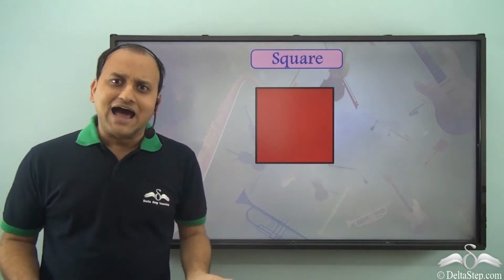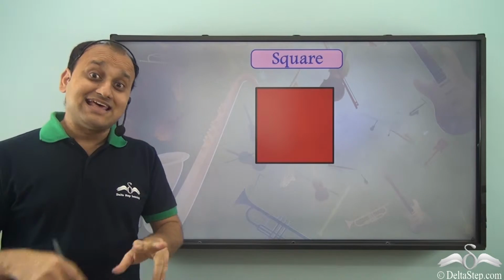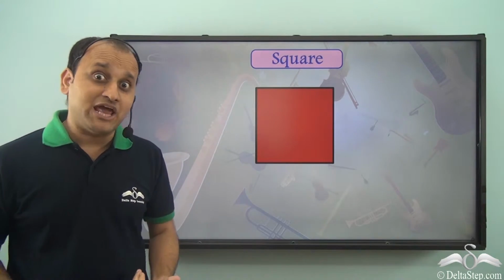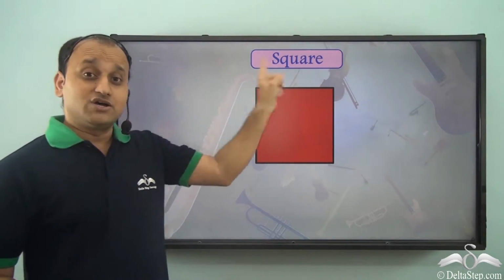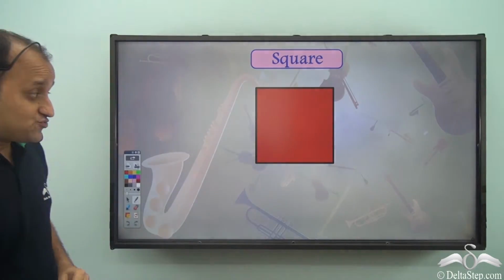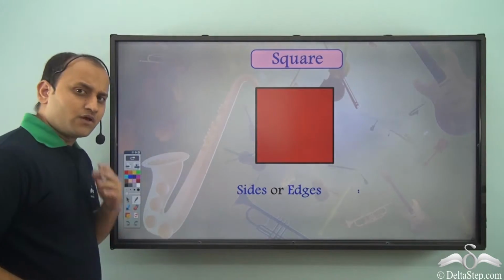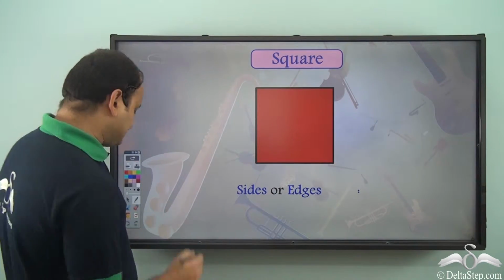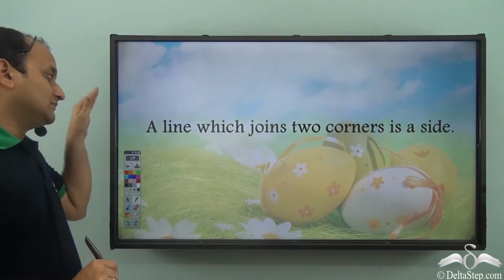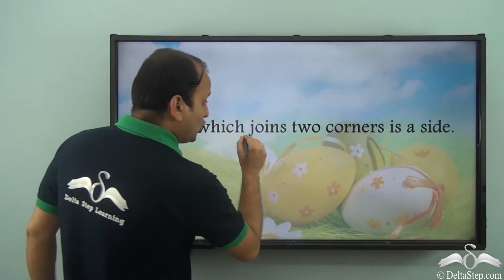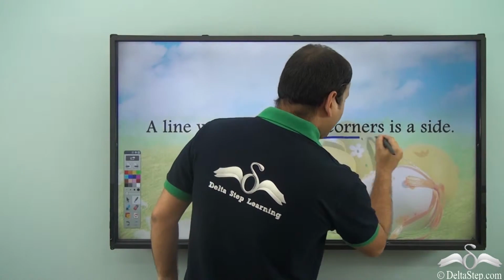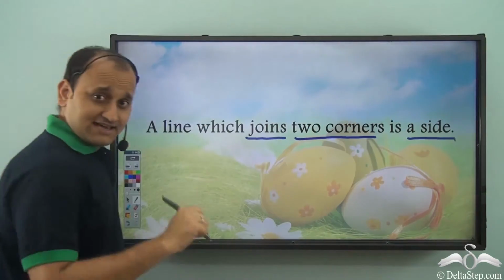Now, let's identify the sides and vertices of different shapes. So, let's start with square. So, in case of square, how many sides or edges do we have? What exactly is a side? Well, a line which joins 2 corners is a side, isn't it?